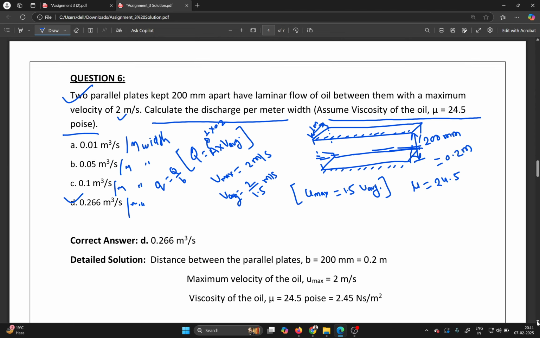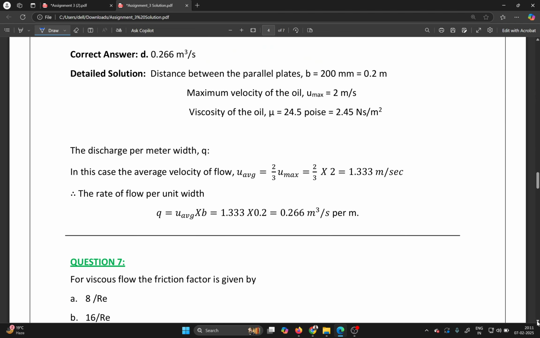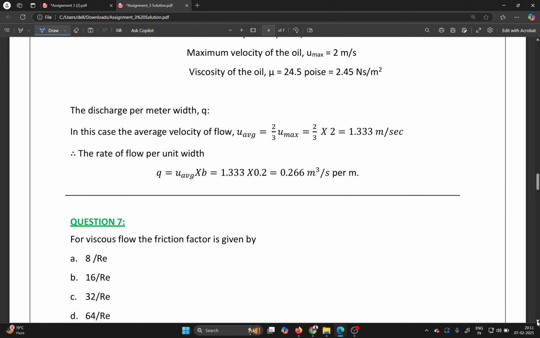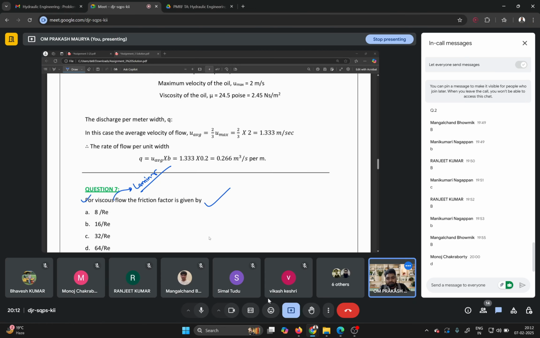Next question is, for viscous laminar flow the friction factor is given by, here remember please some missing part, for viscous laminar flow the friction factor is given by. For question number 7, please, I need answers from all participants.